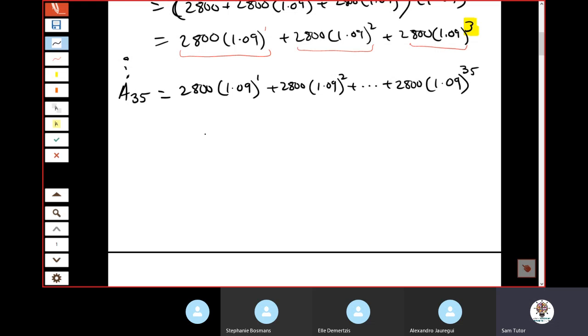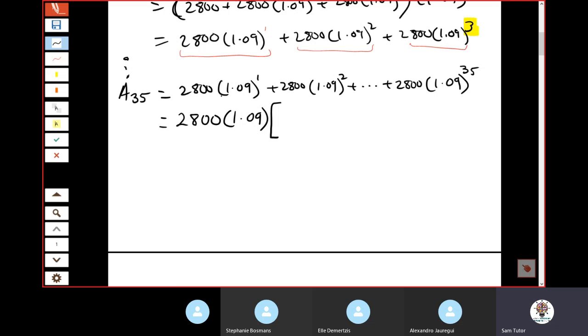What I would like you to see, and I think it's really important for some of the harder questions, is that there's definitely a common factor in everything. So I'm going to be able to factorize 2,800 out. That's definitely a common factor. And 1.09 is also a common factor, so I can even factorize 1.09 out.